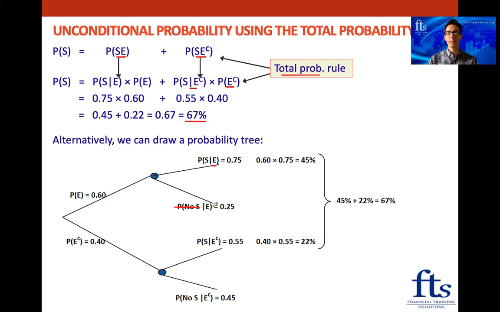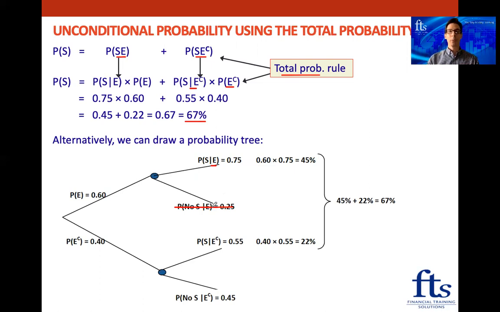But we don't actually need this information at all, because all they're asking us for is the probability of sales increasing. We're not worried about sales not increasing, but I just put it in there so we can understand what this other little bit of info is.